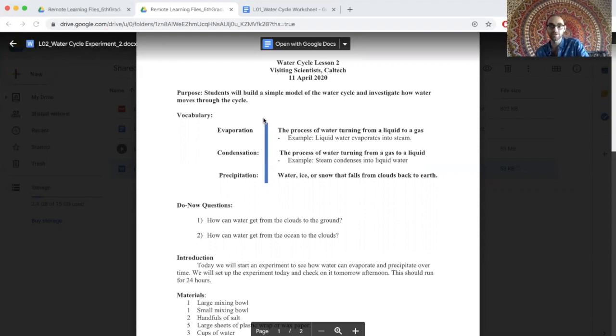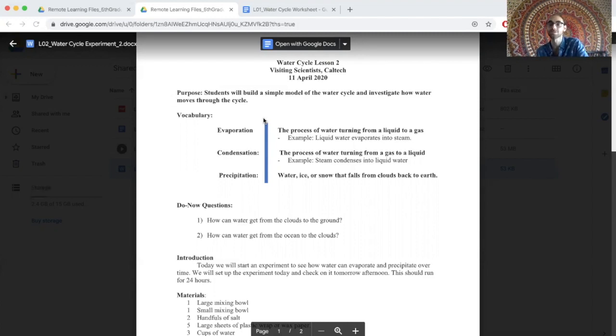A good example of this is if you were to go up to a mirror and breathe on it, you can see that the mirror gets kind of foggy. That's because the water vapor in your air, the gas, is going to hit that cold surface and it's going to condense and turn into liquid.